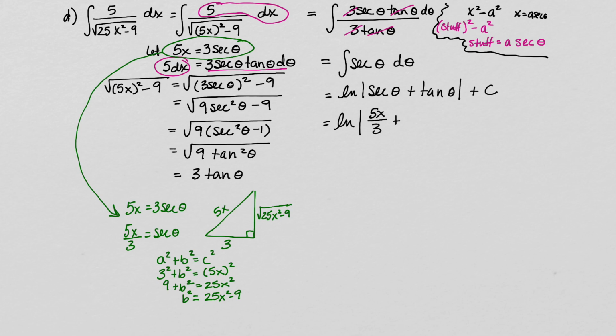And tangent theta, again from the triangle, is opposite, so square root of 25x squared minus 9, over the adjacent, which is 3, plus c. And you can leave it like that. If you want to make it into one fraction, you can. If you want to make it into one fraction and then split the natural log apart, you can. But I'm just going to leave it like that.